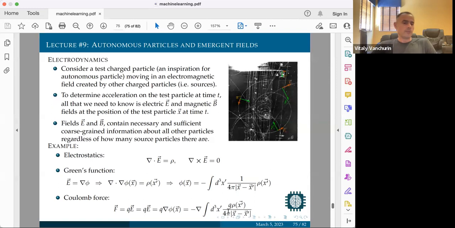But I think even more interesting would be to apply it to biology, because in biology we do have these agents, ants or bees, who are presumably trying to optimize some loss function. And they're wandering around trying to find and minimize this loss function. But at the same time, we can model them as agents, autonomous particles, and ask, okay, what would be the field theory description of their motions?